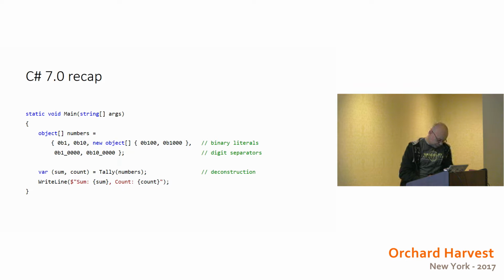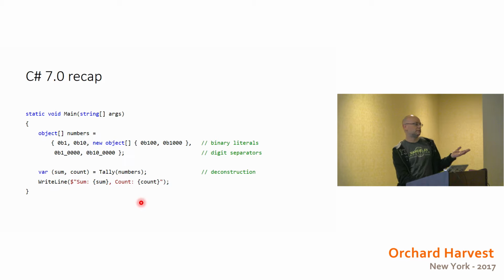And then you can assign the different parts of your function results to variables directly. This is called deconstruction. And then you can use those new variables wherever you want.